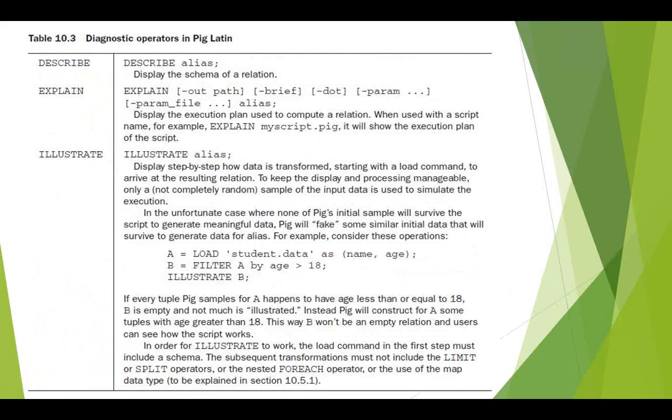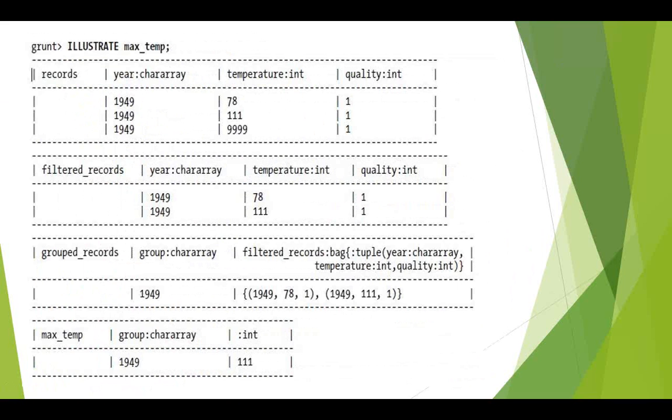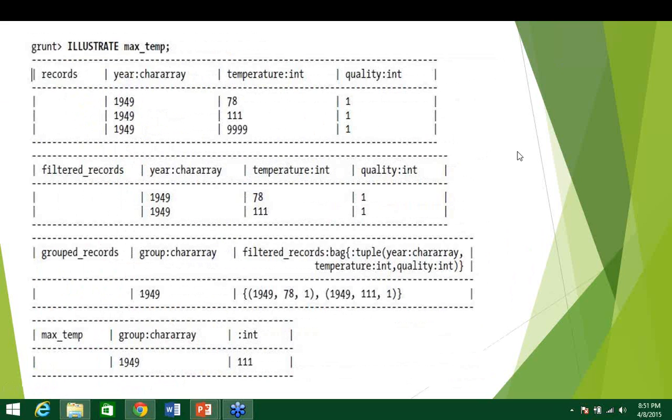Illustrate means to illustrate how it's internally stored in your pig. Now you may be able to see on the screen that we have illustrated something. Illustration means simply the representation. So on the screen you may be able to see the output of your max temperature illustration. This is how we can also see, in the case of MySQL, how the data has been stored.